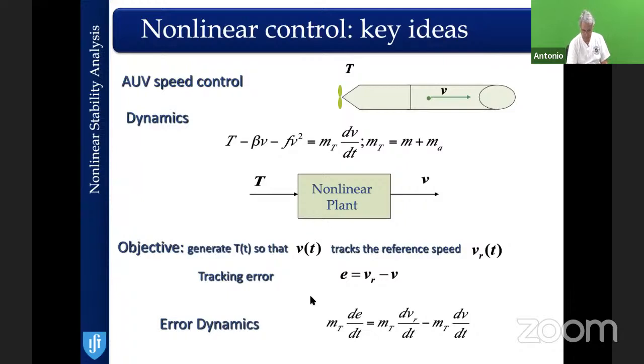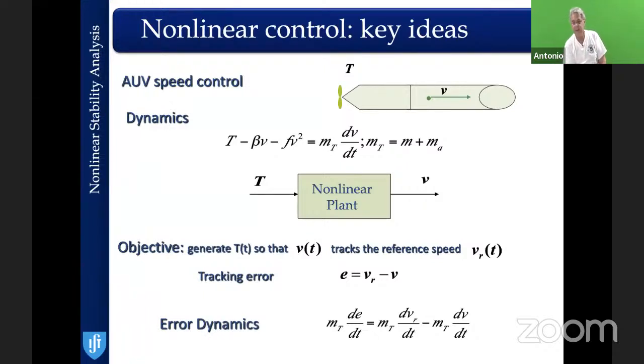All right, so you multiply this by mt, and then you compute the derivative. dE dt is equal to something dvr dt, and then dv dt. Now, because you know VR, because this is the speed that you wish to track, it's stored on a computer, you know the speed as well.